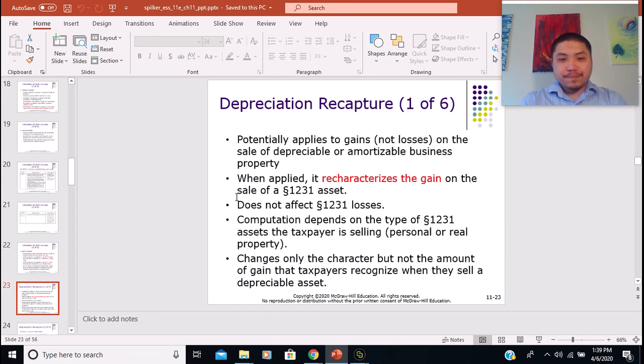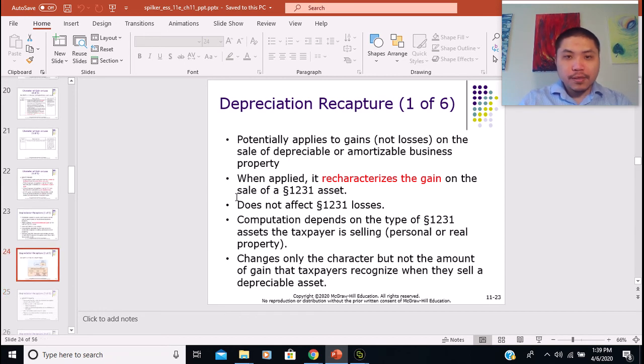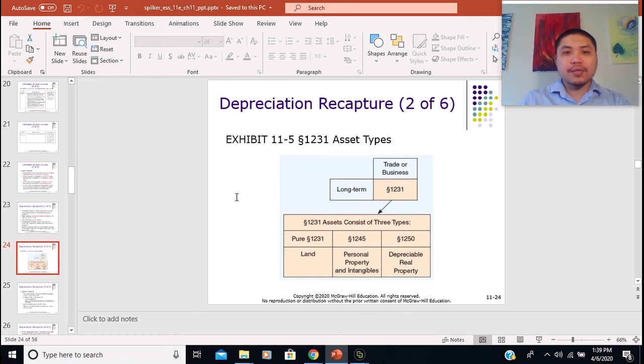So let's look at how we can apply this depreciation recapture rule. Under section 1231 assets, there are 3 different subsets of assets.